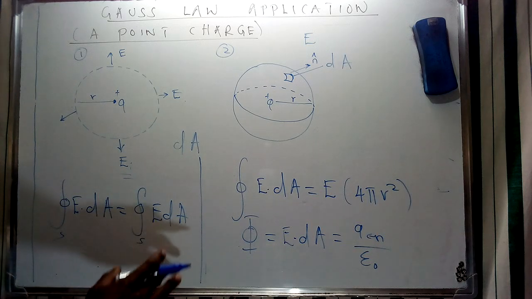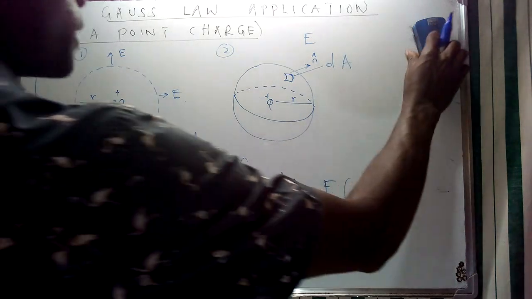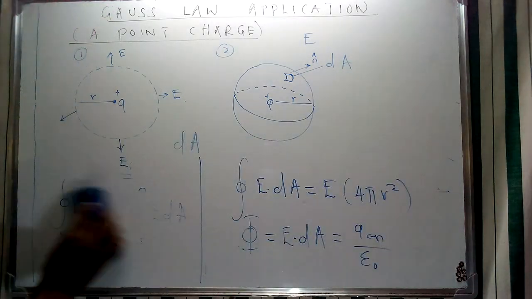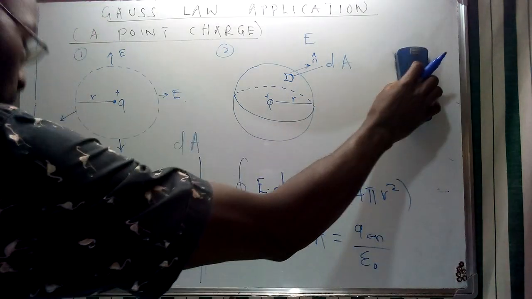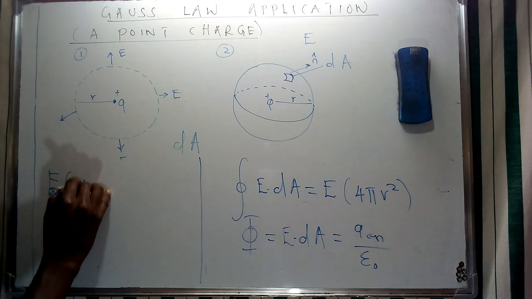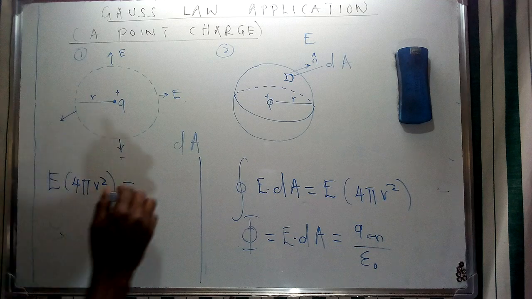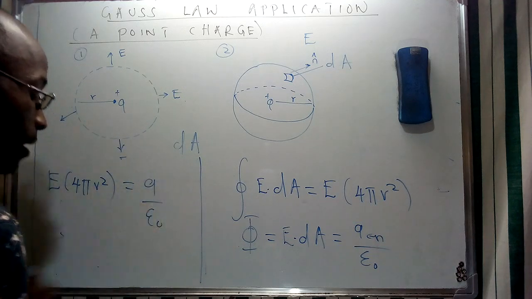Therefore, trying to create the relationship between these three formulae, we can conclude from Gaussian law that E 4 pi r squared is equivalent to charge over epsilon naught.